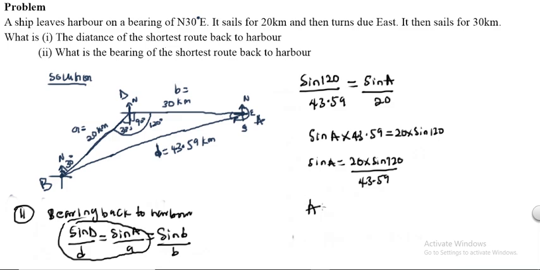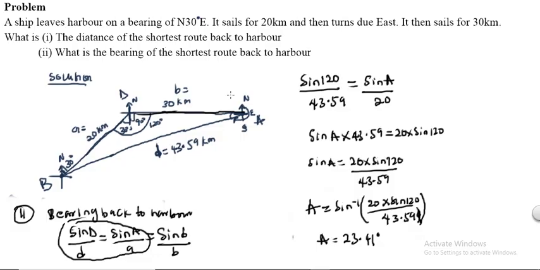So that A is equal to sine inverse of 20 times sine 120 over 43.59. From here, we have A is equal to 23.41 degrees.